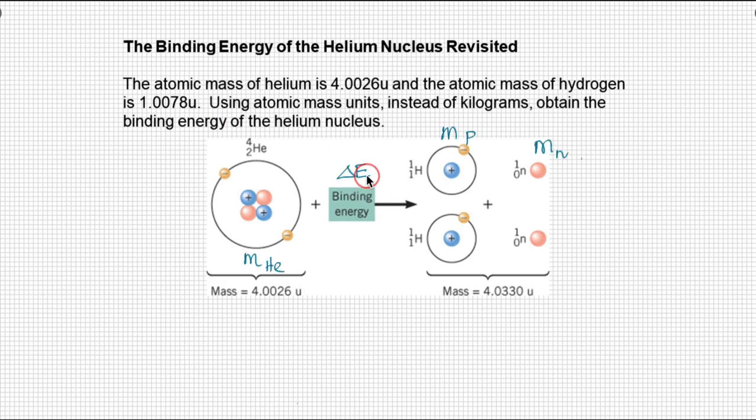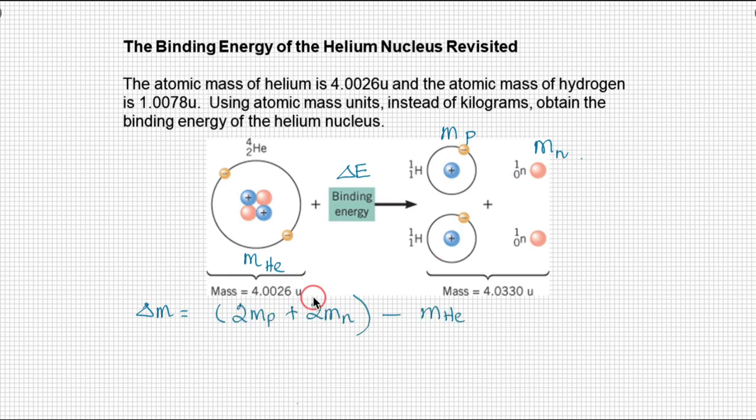Now, the same principle applies. We want to find this binding energy. Here we've got the reactant, if you like. If we represent this as a nuclear reaction, we think about the mass of the products, and we subtract the mass of the reactants from that.